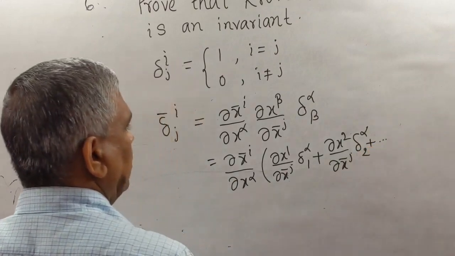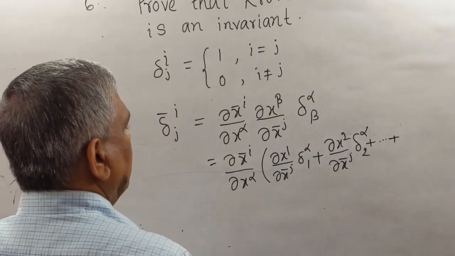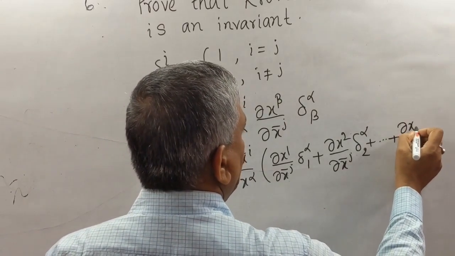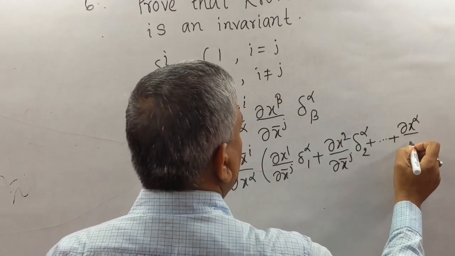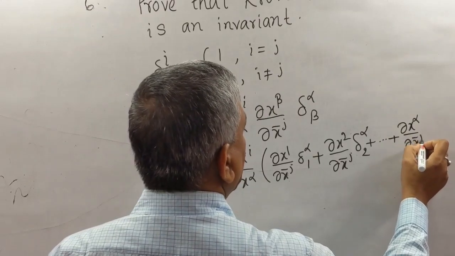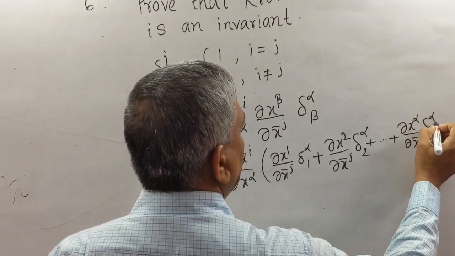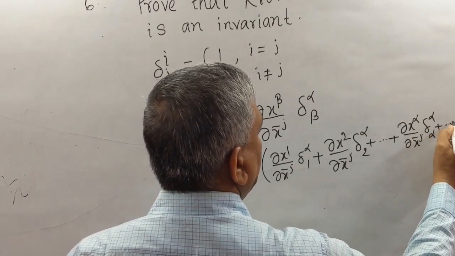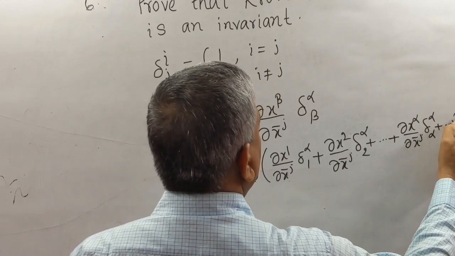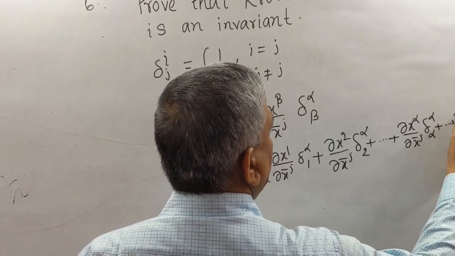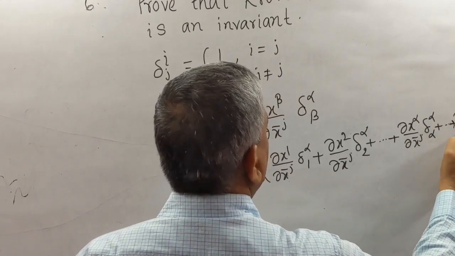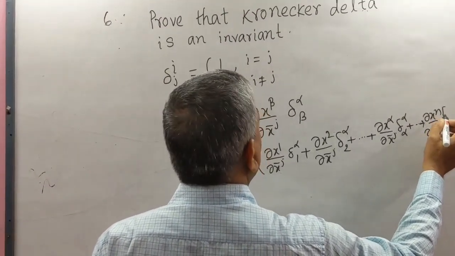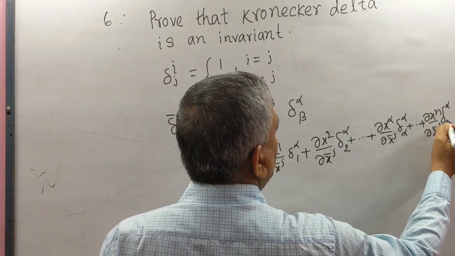and so on, plus the alpha term, del x alpha by del x bar j delta alpha alpha, plus dot dot dot, del x n by del x bar j delta alpha n.